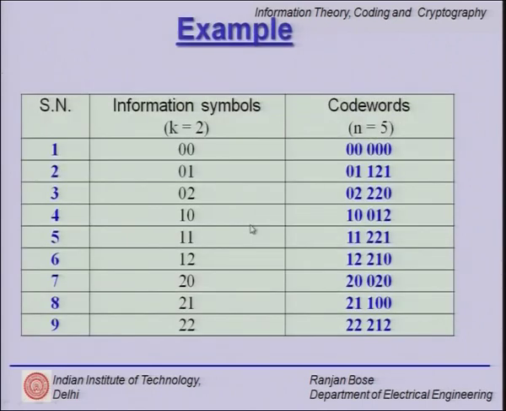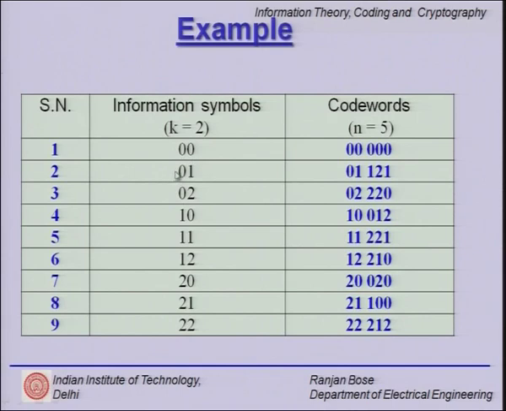Let us quickly look at an example. So, here is a code over GF3. It is an n comma k where n is 5 and k is equal to 2. So, it takes 2 symbols at a time. It is no longer a binary code. The elements can be 0, 1 and 2. So, it takes 2 symbols at a time and gives out a 5 symbol long code word.